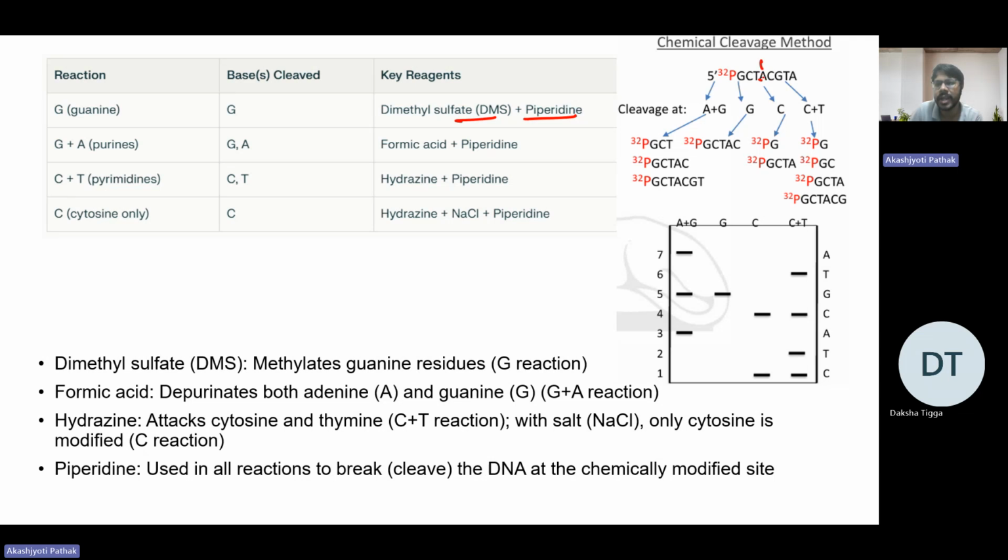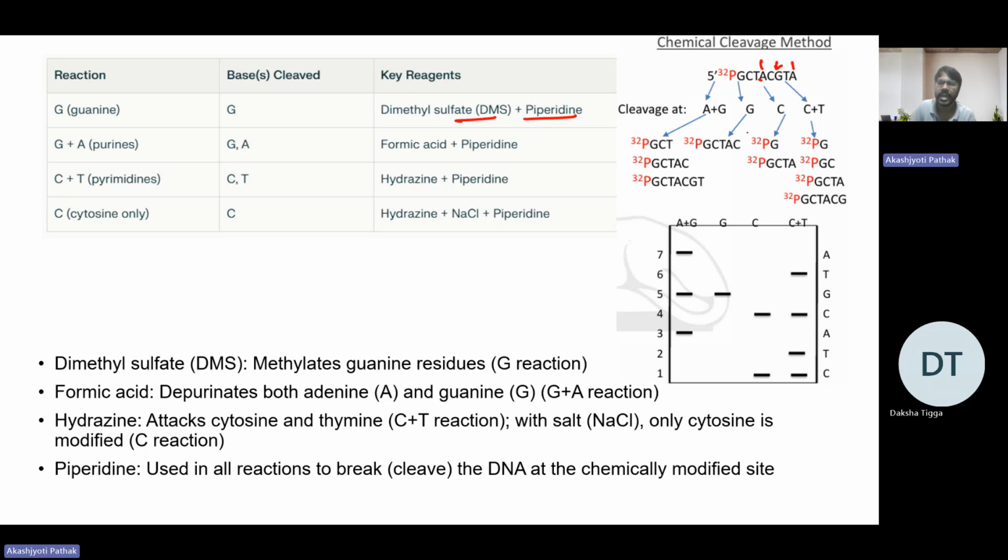If it depurinates the adenine, then you will get GCT. Or it can happen that after this C it cleaves the G, then you will get the fragment GCTAC. Or it can cleave after this A, then you will get the fragment GCTACGT, or it can cleave after the last A. Then you will get this.